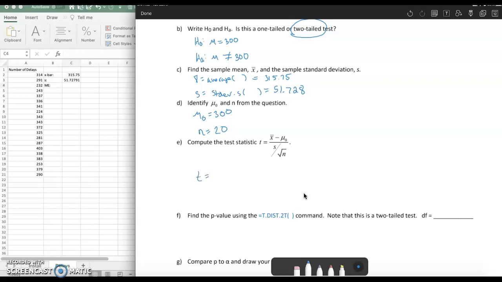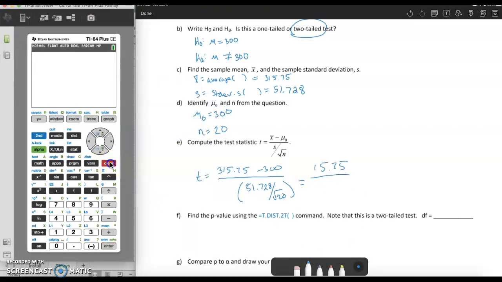In this case, we'll have t equals 315.75 minus 300 over the quantity, I'm going to put parentheses around it, of s, which is 51.728 over the square root of 20. I can calculate that top part in my head. That's just 15.75, but the division I need some help with.